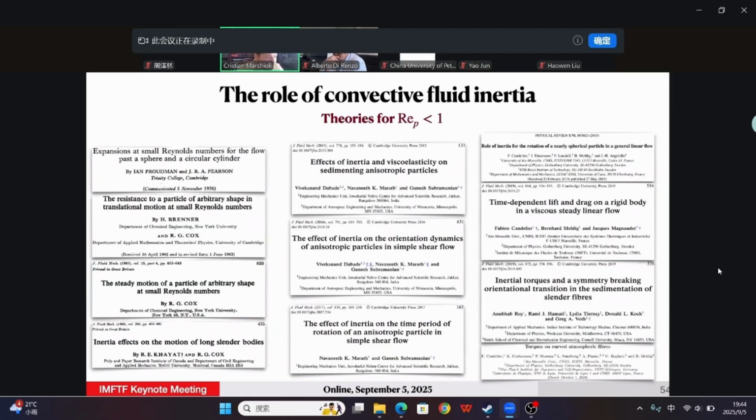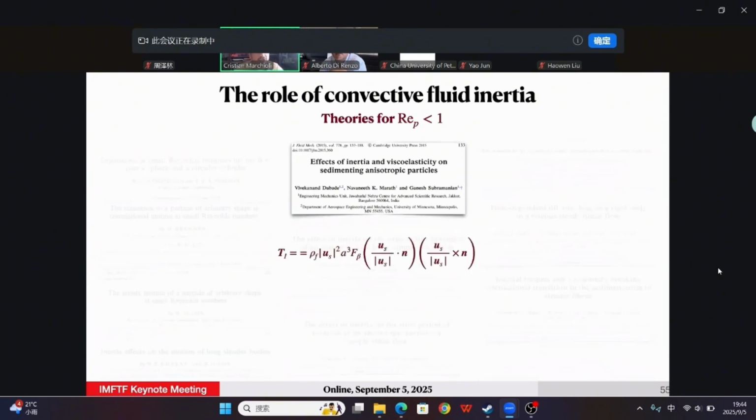Many papers have been published. So these are just some examples of theories that provide correction to the Jeffery torques. And what we are doing here is using one correction that is solely based on the slip velocity. With this correction, we can have a good theoretical framework for the atmospheric plastics.